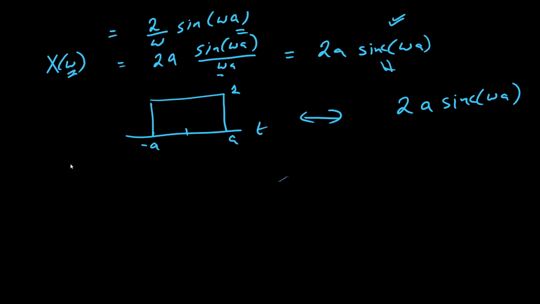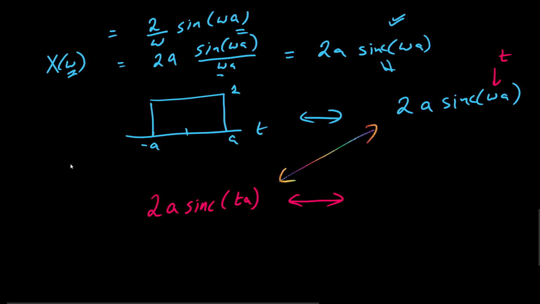But we can make a diagonal transformation and convert this omega to t over here. So we have 2a sinc function of ta, and this has a transform as per the duality property which would be linked with this one.